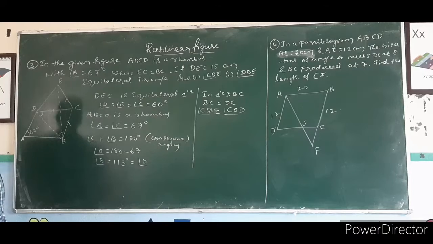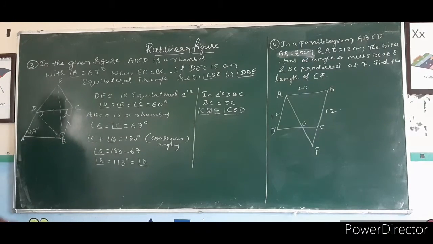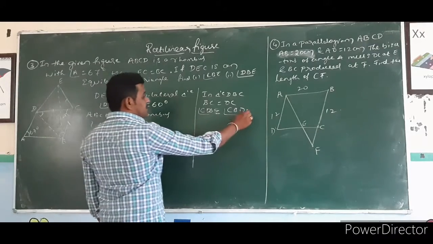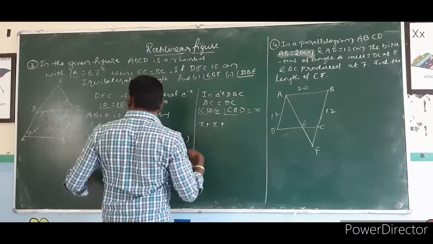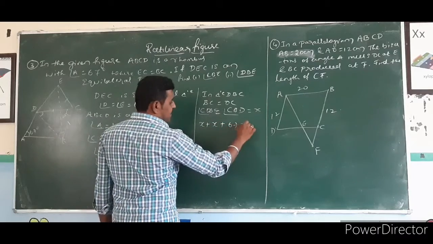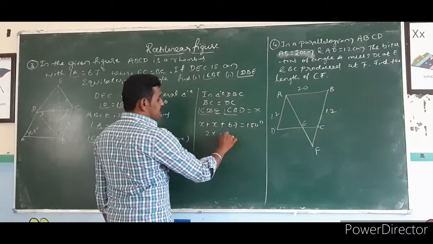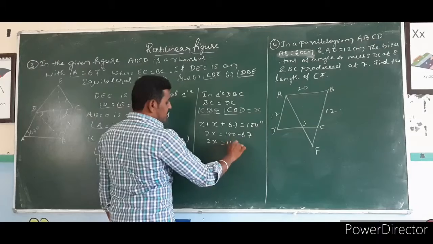Then next, you can find the angle. Now this angle we know is 67. So apply the interior angle sum property. These two angles are x. You can consider x plus x plus 67 equals 180 degrees. 2x is equal to 180 minus 67. 2x is equal to 113.